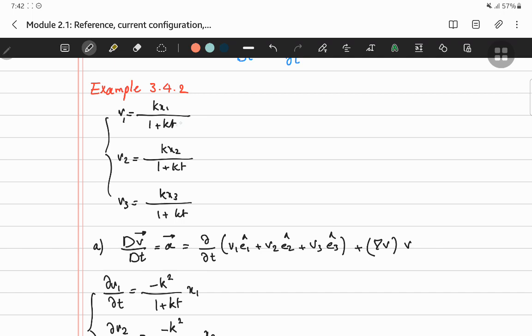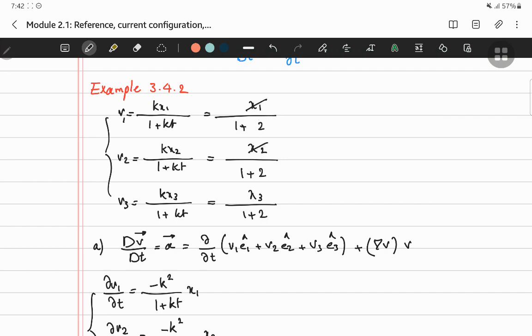If t is equal to 2, for the value of k equal to 1, this gives x1 divided by 1 plus 2, x2 divided by 1 plus 2, and x3 divided by 1 plus 2.